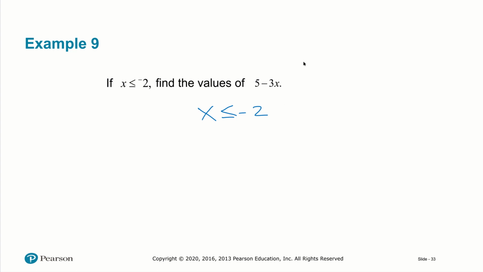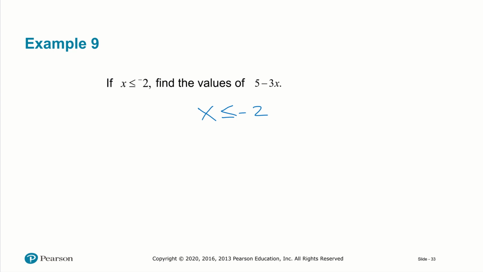Well, notice that if I'm going to get to 5 minus 3x, the first thing I should probably do is go ahead and take this x and turn it into a negative 3x by multiplying both sides by what? By -3, right? So let's go ahead and do that.